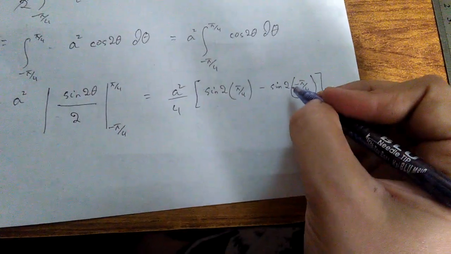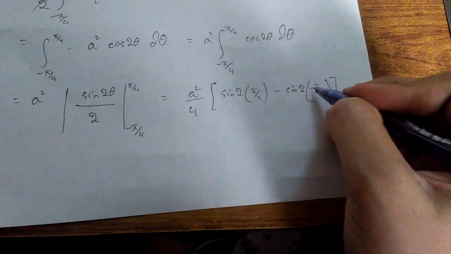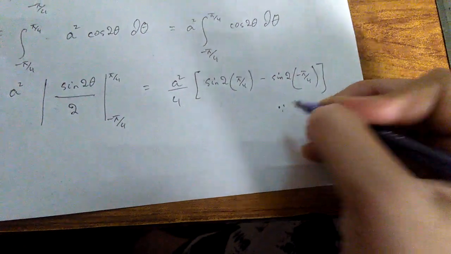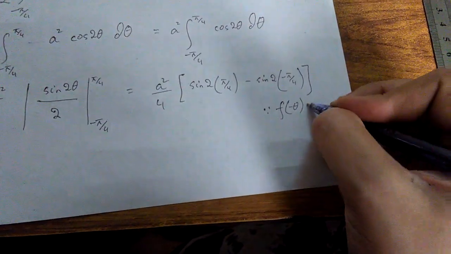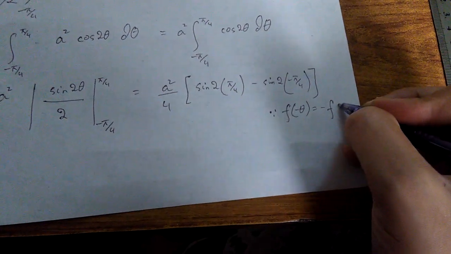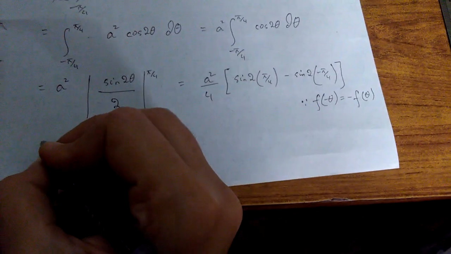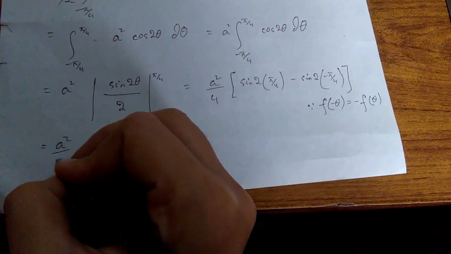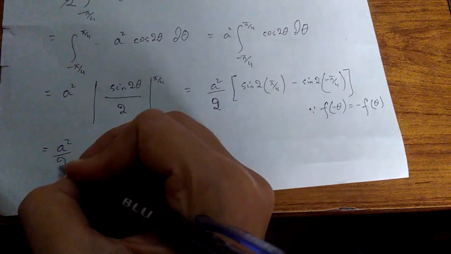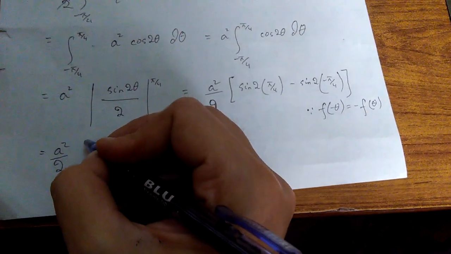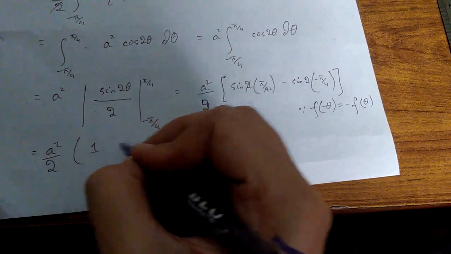As sine is an odd function, the negative sign will be preserved and written outside, because if you put a negative variable in an odd function, it gives you a negative answer. You can also check it through a calculator if you want to. I'm sorry, it's 2. Now it's sine pi by 2, and sine pi by 2 is 1.